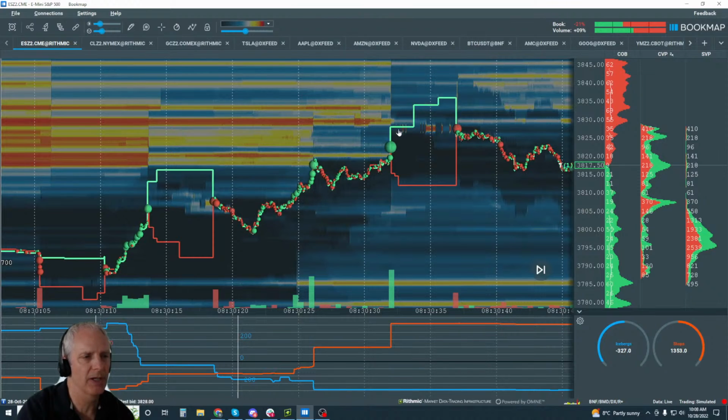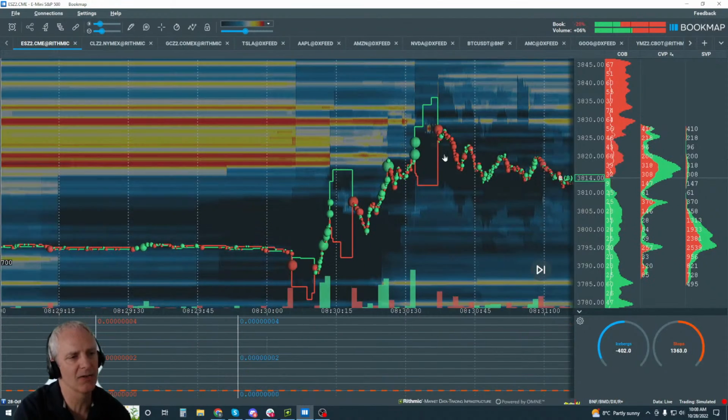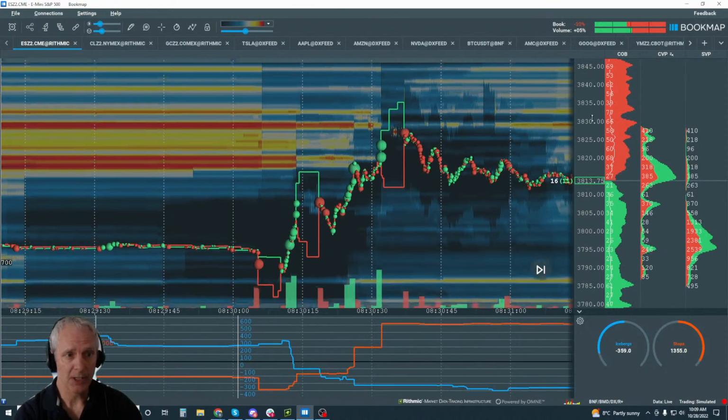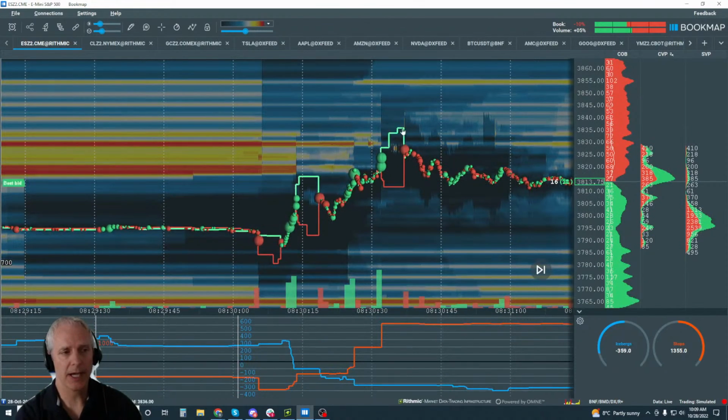Yet, why did the market stop up here? That's really fascinating. So there's some sort of memory here that the traders understand that maybe this is enough of a move. And the liquidity, regardless if it's in here or not, the market stopped up here. It did not trade above this area here at 38.30.